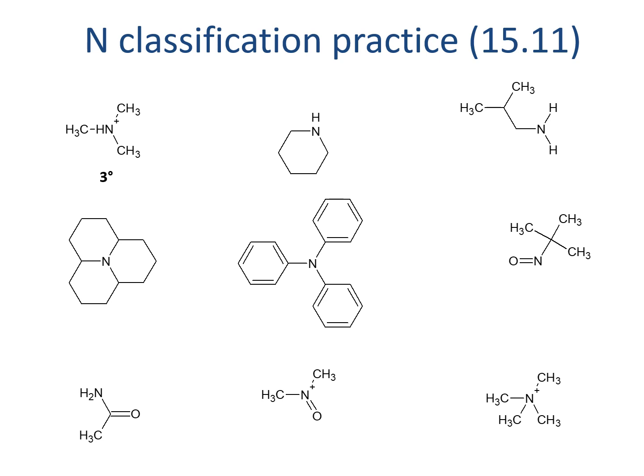In the top middle, we have a secondary nitrogen because there are only 2 carbons directly attached to the nitrogen. In the top right, the nitrogen is only directly attached to 1 carbon, and so it is primary. In the second row, we have a tertiary nitrogen, another tertiary nitrogen, and we have a primary nitrogen.